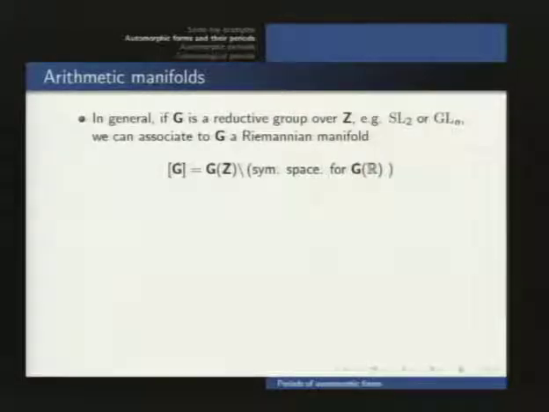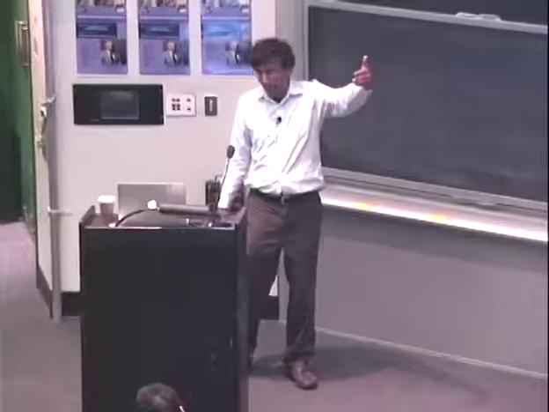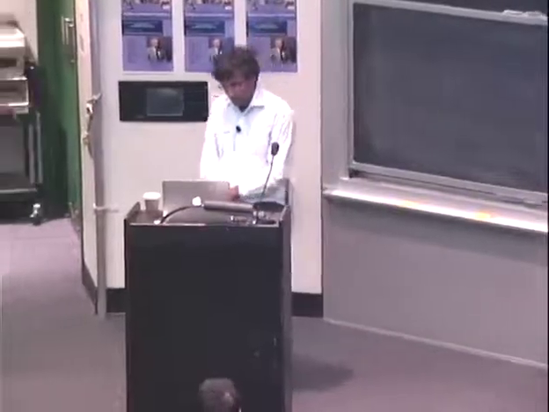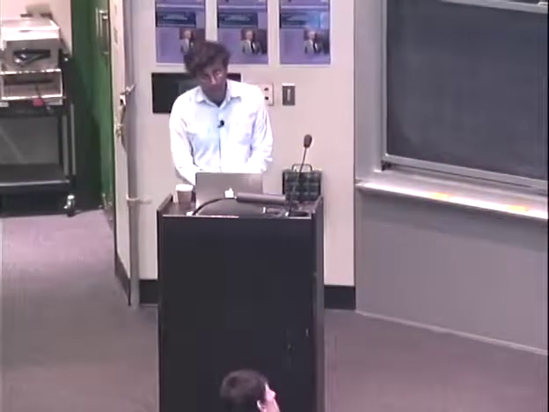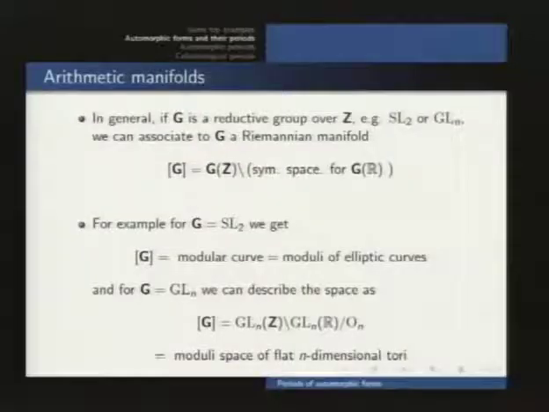And one example we've seen before is that for SL2, this Riemannian manifold is that modular curve that I showed earlier. That is the upper half plane quotiented by fractional linear transformations. And in that case, it has some kind of extra structure. It carries a metric of constant negative curvature.